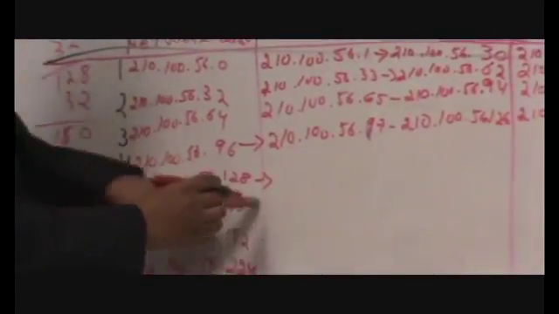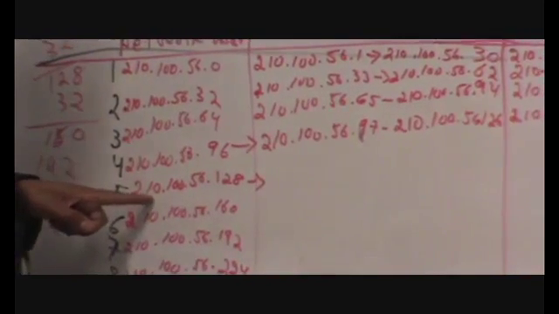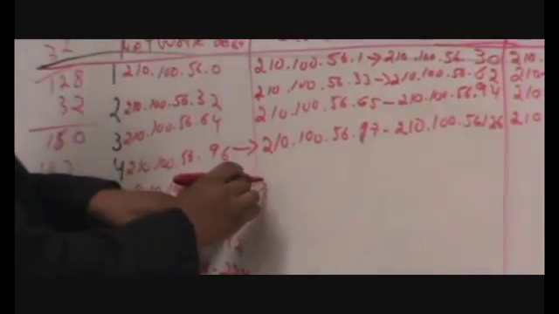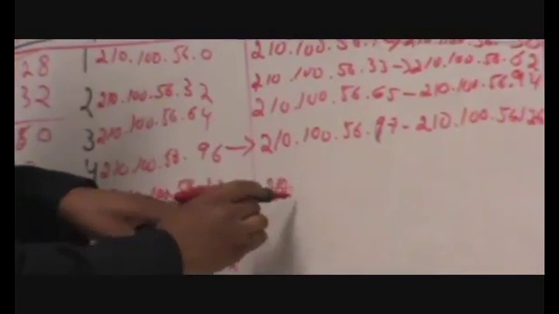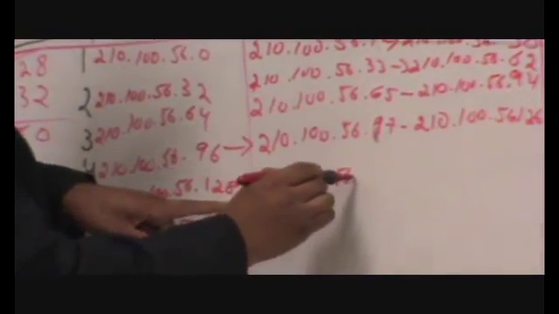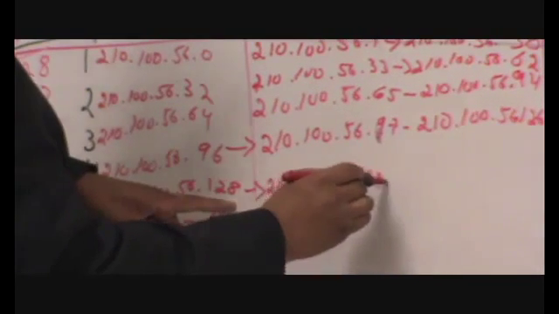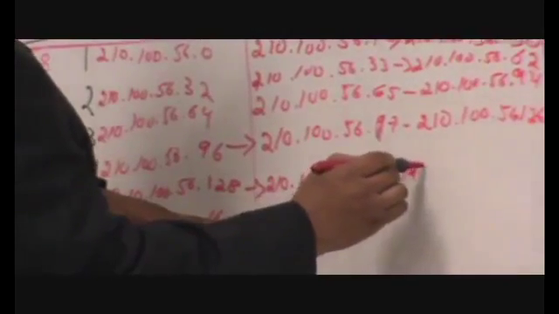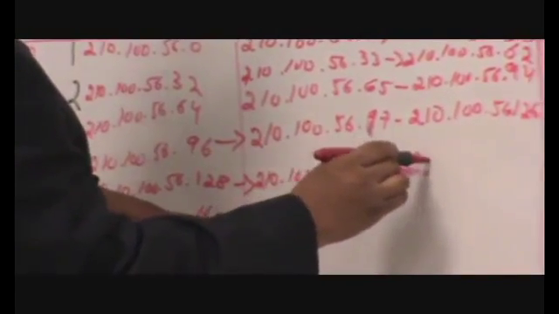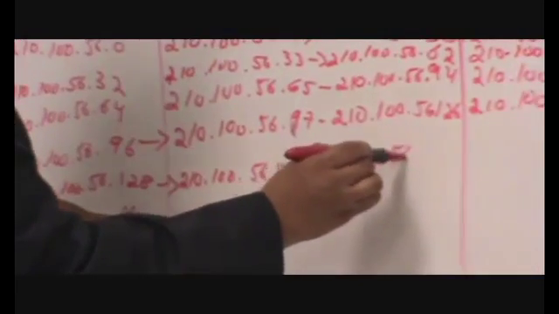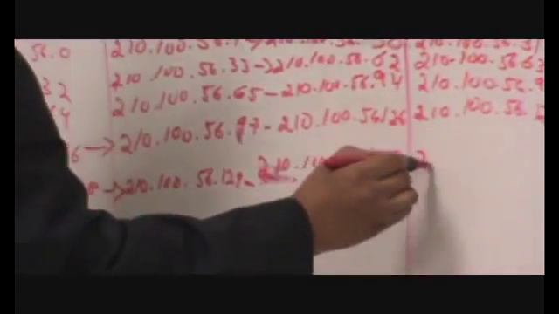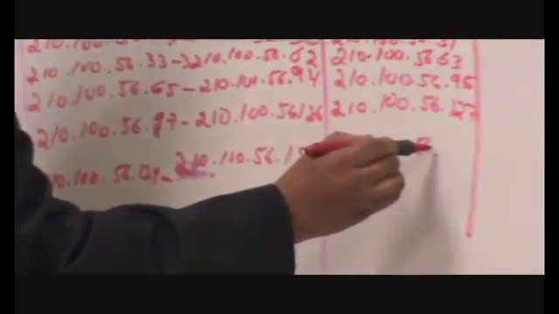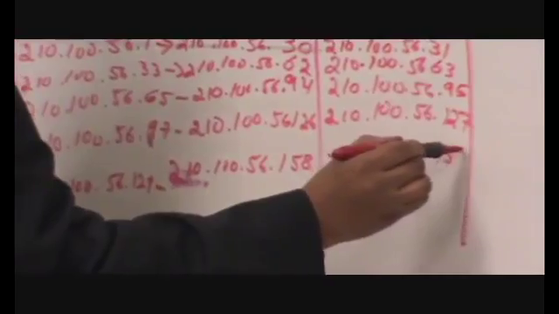All right. Network number 5, my network address is going to be 210.100.56.128. My first usable address is going to be 210.100.56.129, and my last usable address is going to be 210.100.56.158. 210.100.56.159 will be my broadcast.